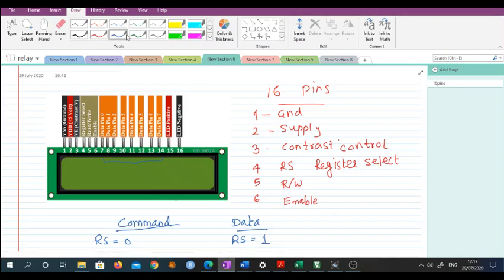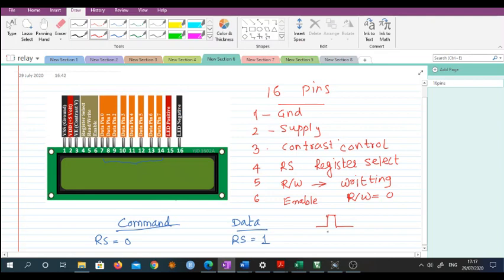Now, as far as the read write pin is concerned, we are always writing, because this is an output device, so we are always writing to the display. We are not reading from the display, and therefore we'll make this pin ground. So the read write pin is always 0. The enable pin is very important in applications. We need to provide a short duration high to low pulse in order for the register to write the command or data.